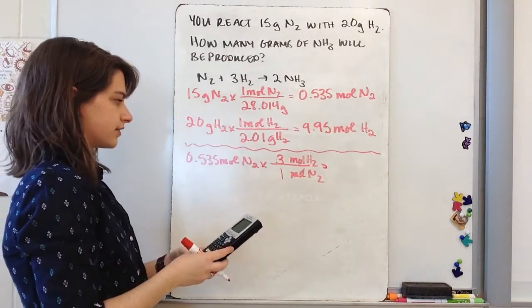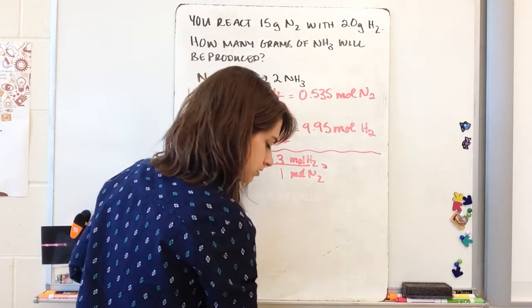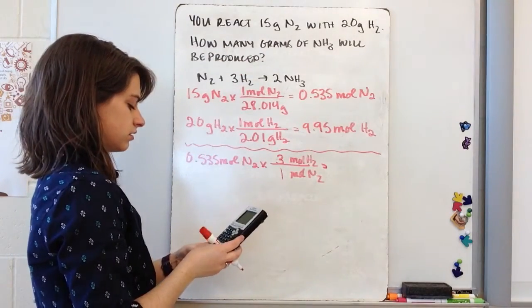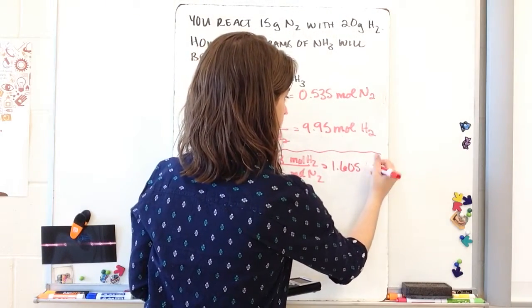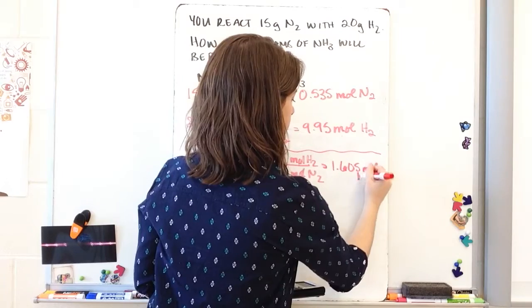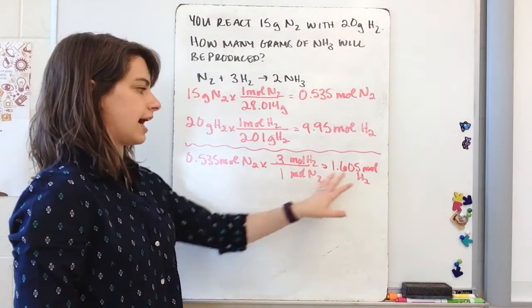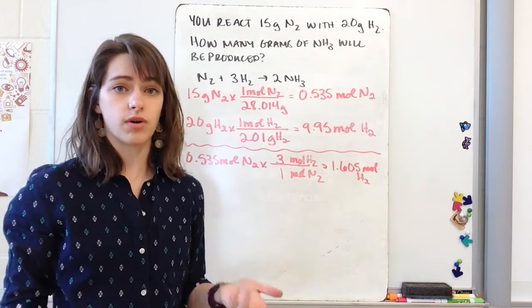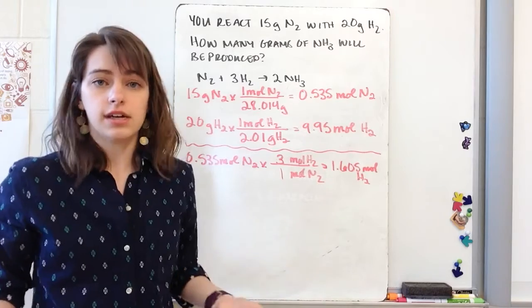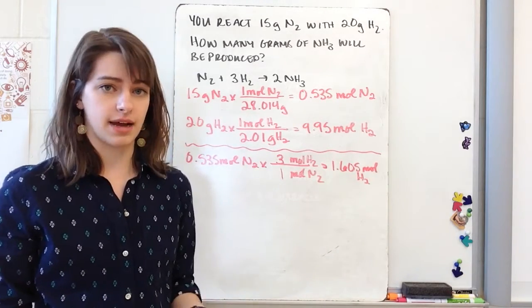So if I do 0.535 times 3, oops, typed something in wrong. I get 1.605 moles of hydrogen. So if I react all of my nitrogen, I need 1.605 moles of hydrogen. Do I have 1.605 moles of hydrogen? Yeah, I have almost 10. I have plenty. So my nitrogen is going to be my limiting reactant.